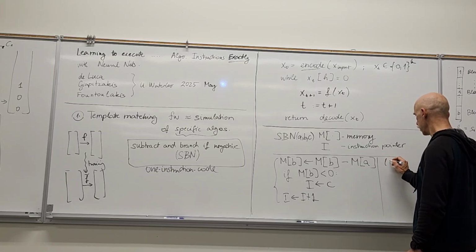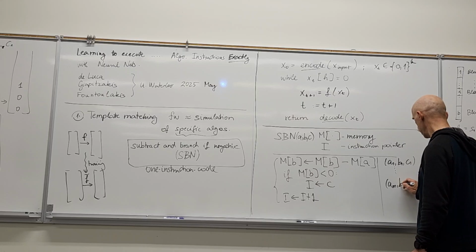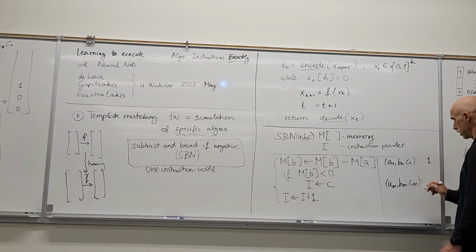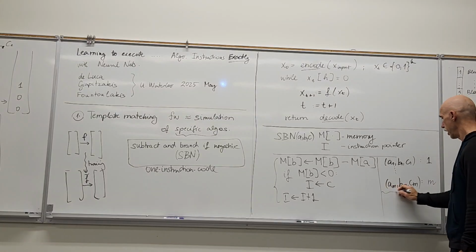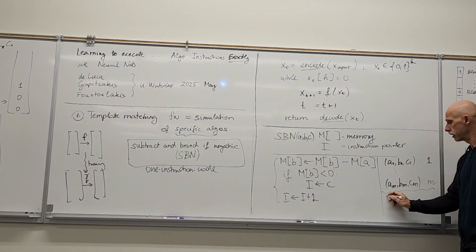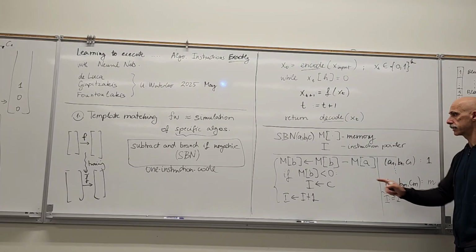So the instructions are going to take the form of A and B and C with valid values, up to M of these. So an algorithm is coded like this. This receives the index 1, or instruction count 1, and this is instruction count M. At the beginning, if you have an algorithm described by these parameters, you set the instruction counter to 1, and then you start to execute.